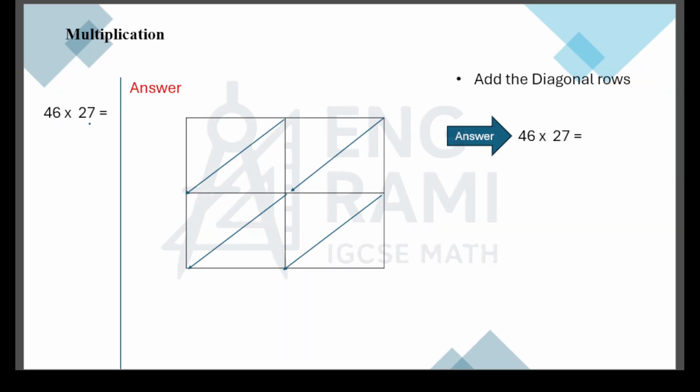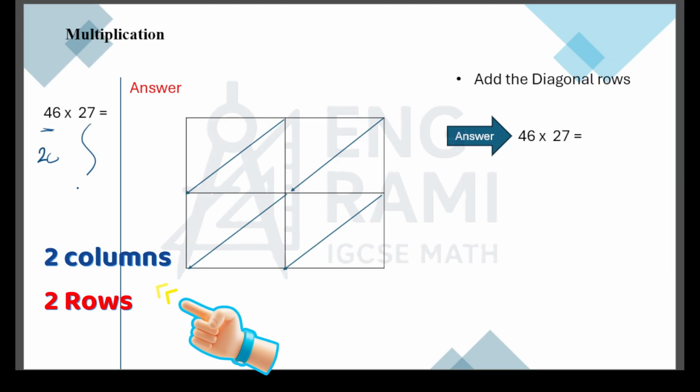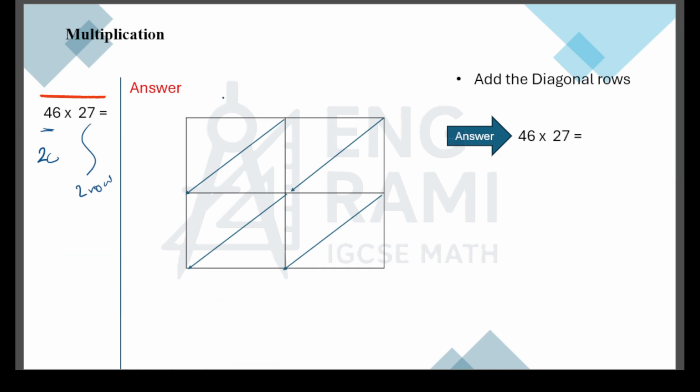So 46 times 27. That means we have 2 columns and 2 rows. Then we have to write these numbers. 46 times 27. 6 times 2 equals 12.